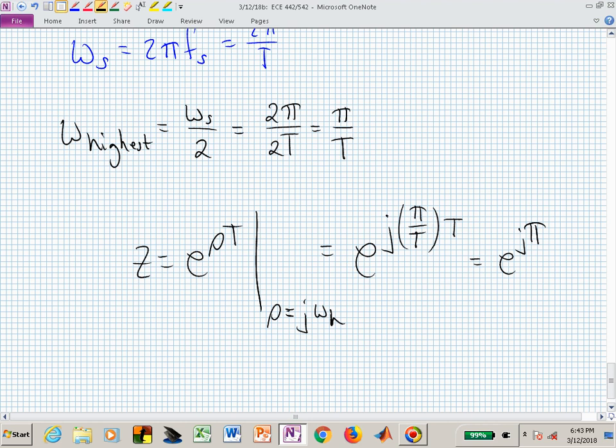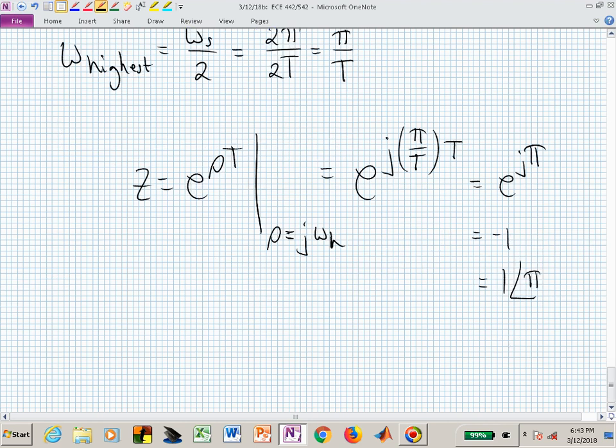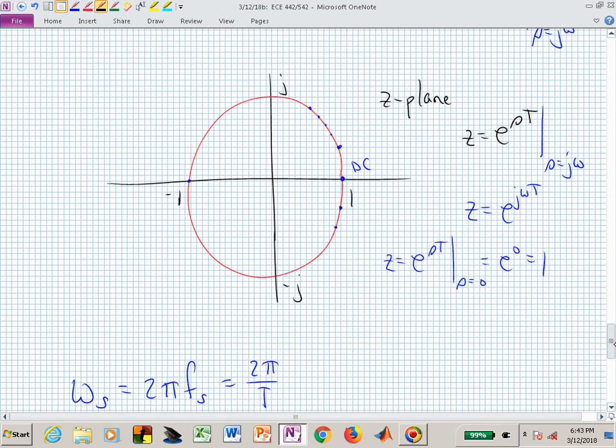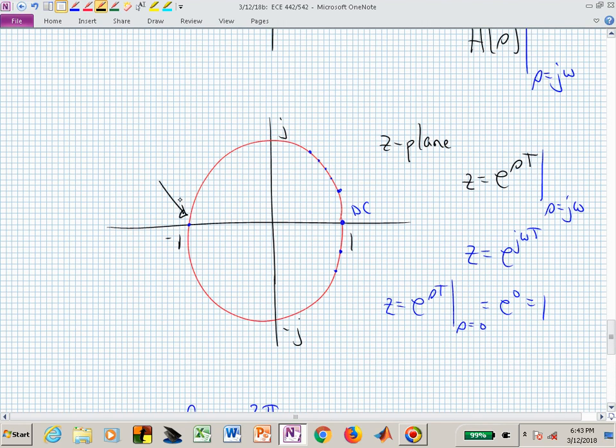So e to the j pi is -1, or you could say that's 1 at an angle of pi, or 1 at an angle of 180 degrees. So now this point of -1 corresponds to omega equal to omega sub s over 2, which is pi over T. So that's the highest we can get to. That's infinity in the z domain.